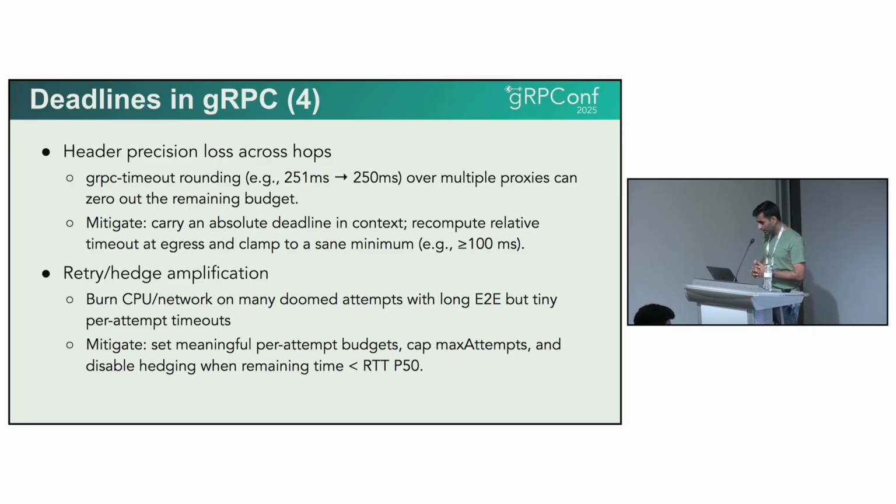Finally, if we are trying to enable hedging, we can also check whether the remaining time we have left is less than the round trip latency. For example, we check the median latency that each round trip takes, and if we don't have enough time left even for a median request to come back, then we don't do hedging at all. We know that we would simply waste resources.